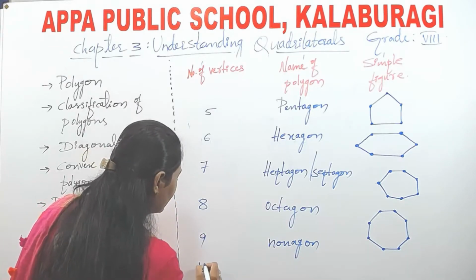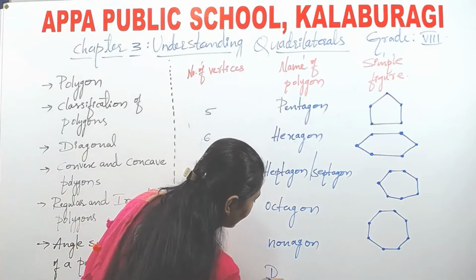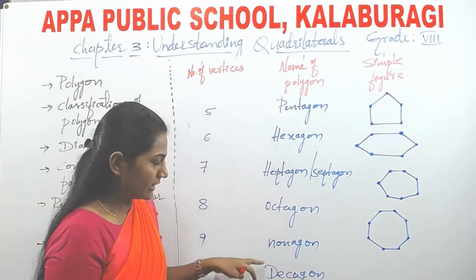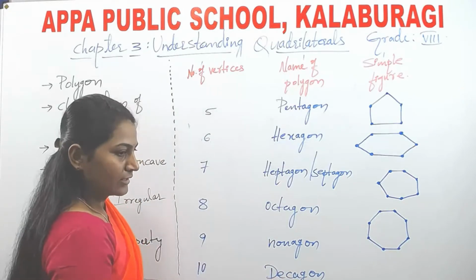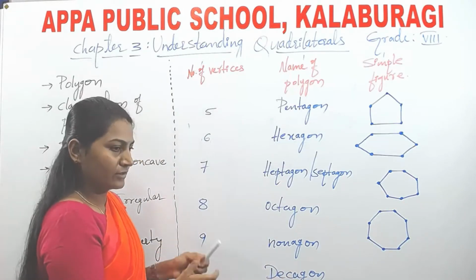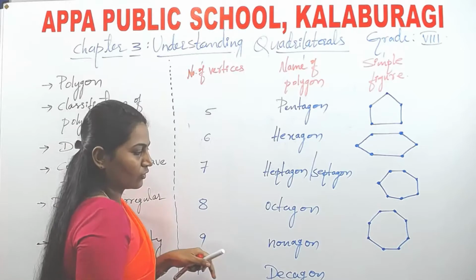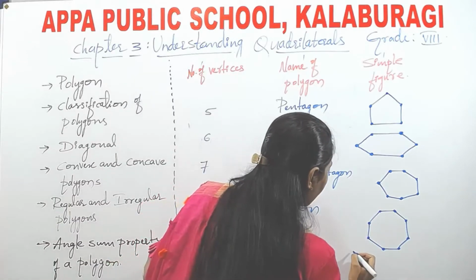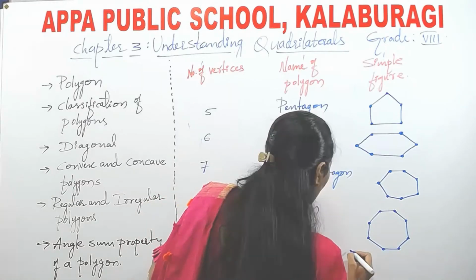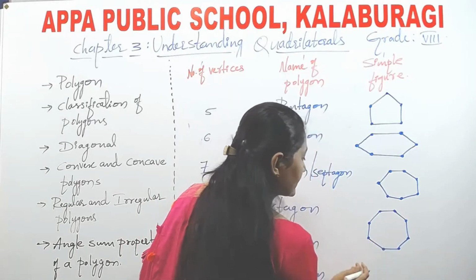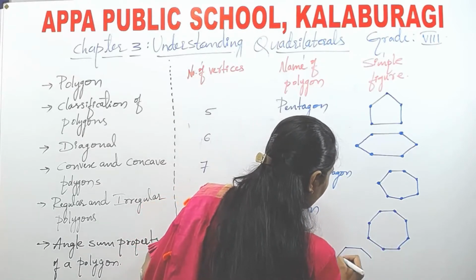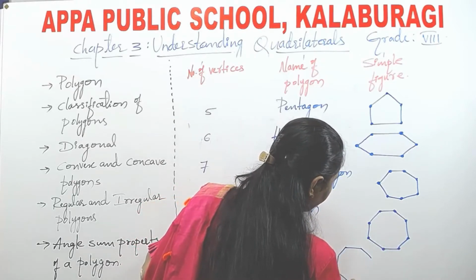And a polygon with 10 sides is a decagon. Similarly, I can also draw the figures here. So for the nonagon, you can just extend the number of sides: 1, 2, 3, 4, 5, 6, 7.